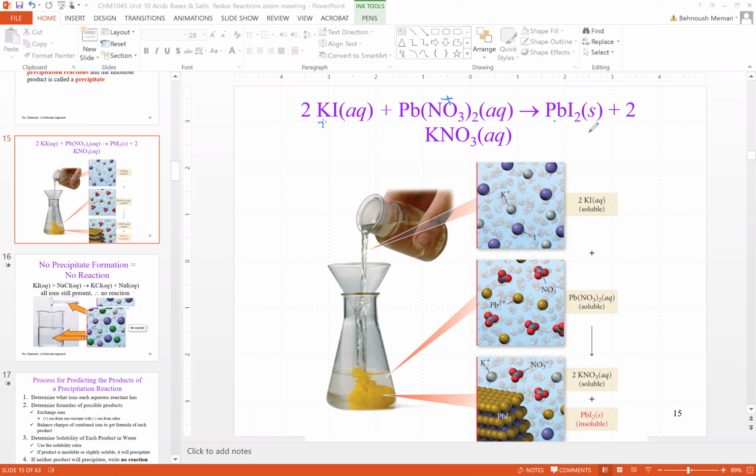Potassium nitrate is soluble because any compound containing nitrate or potassium is soluble. So there is a reaction. The evidence for the reaction is formation of a precipitate, a solid compound.